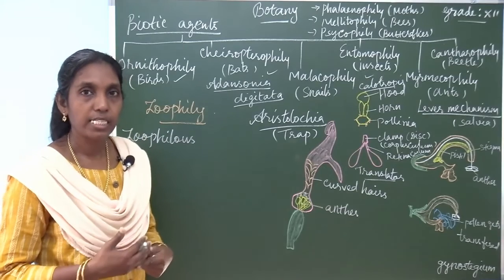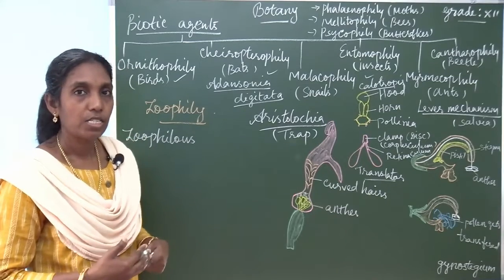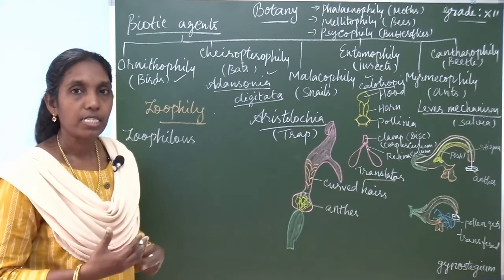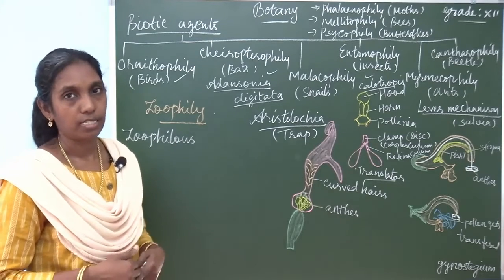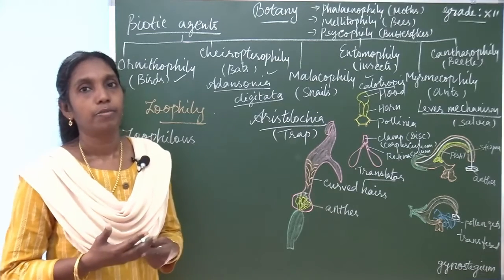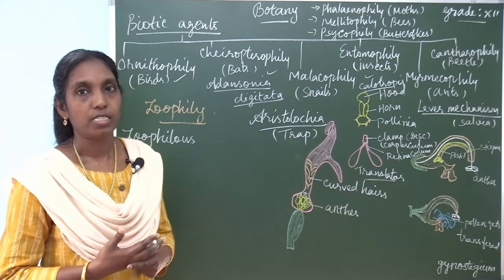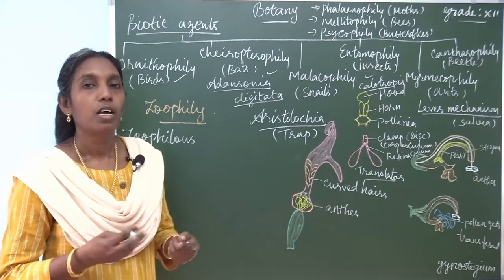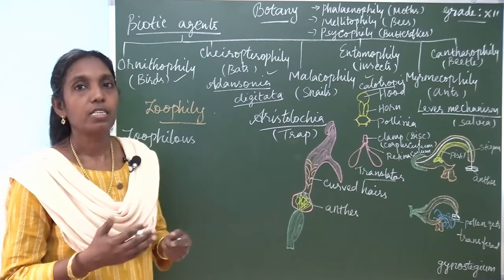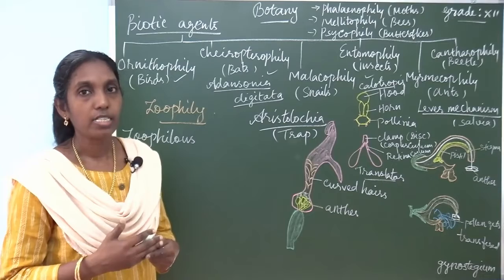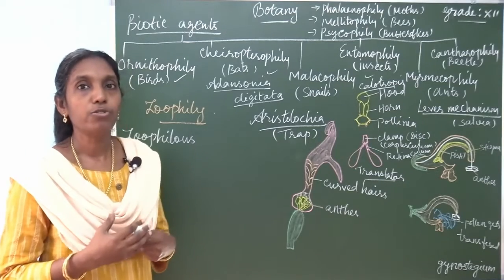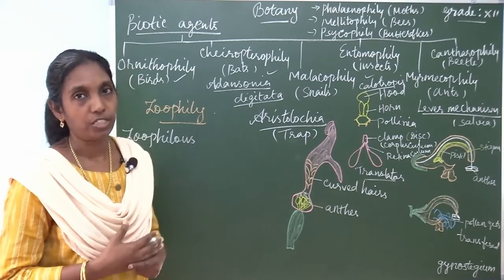Pollination brought about by the agencies of birds is called ornithophily, and the flowers are said to be ornithophilous flowers. There are a number of birds which visit flowers. Early in the morning, you hear birds moving here and there, visiting gardens and sucking the nectar.